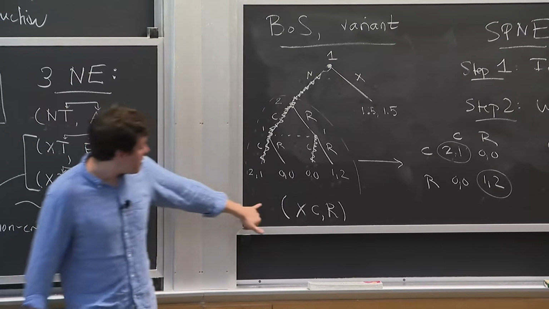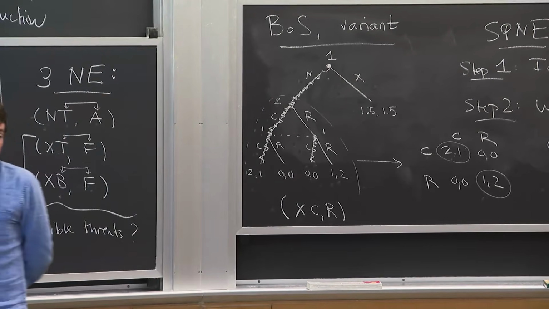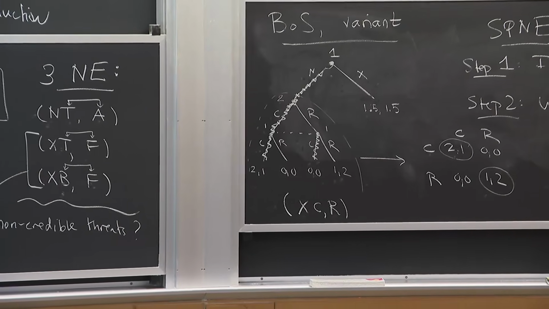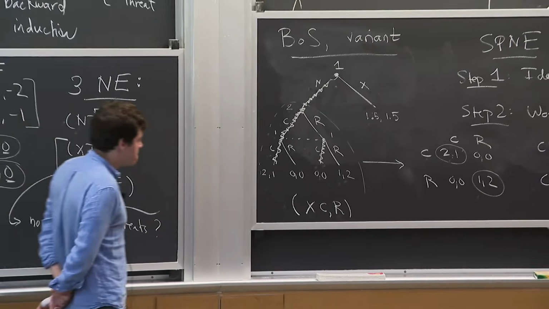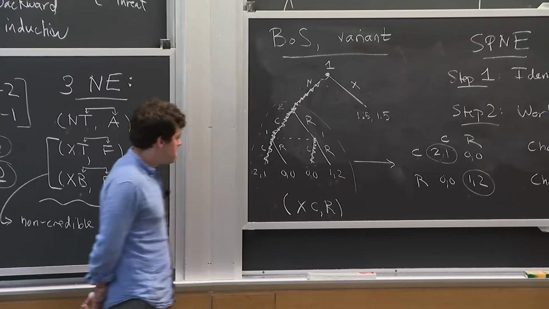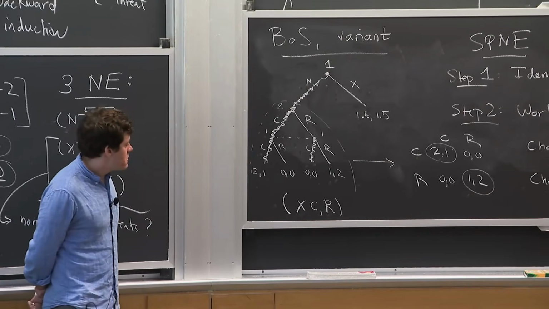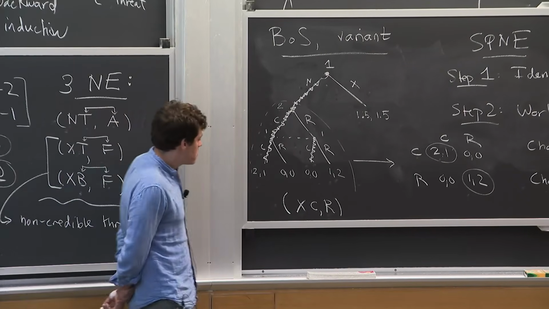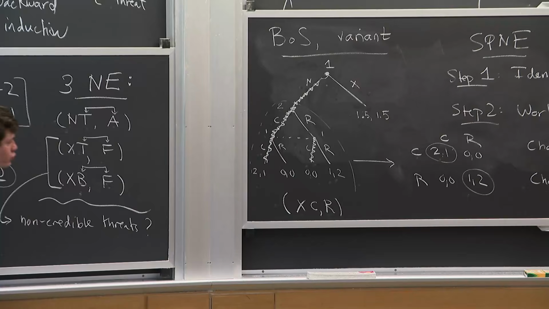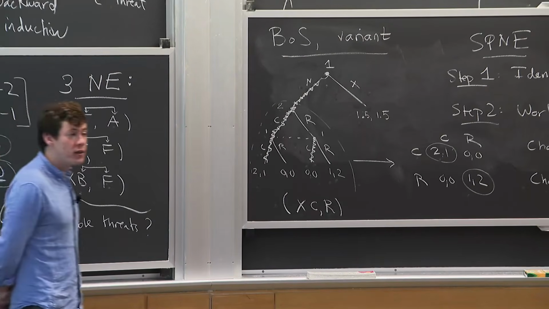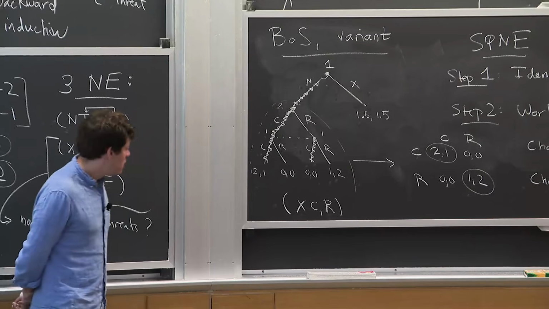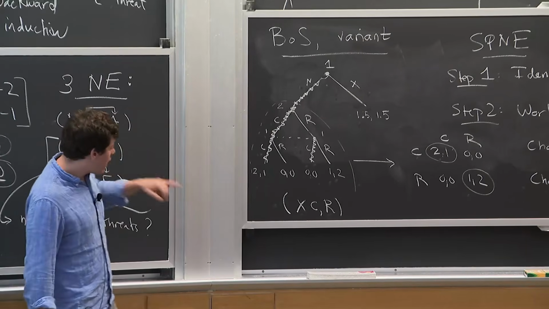What about player 1? Does player 1 have a profitable deviation? Any thoughts? Yeah. Player 2 is doing R, then no. Then no, and let's see why that is.